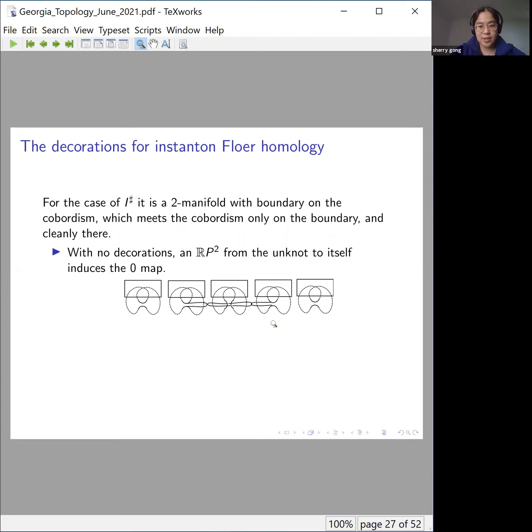The map induced by this twice punctured RP2 is actually just the 0 map. And that's very bad because the whole purpose of this is to count factors of p, but if your map is 0, you get no information.